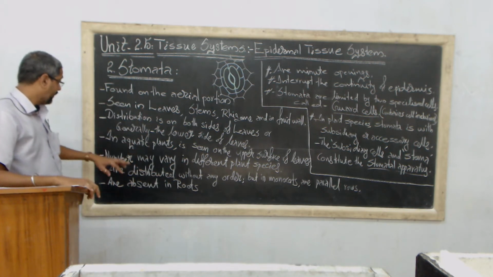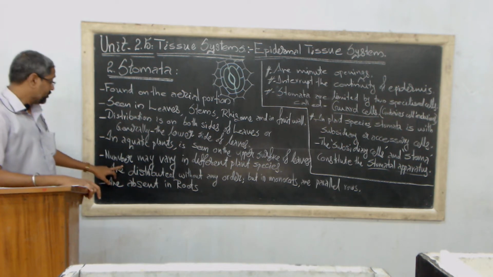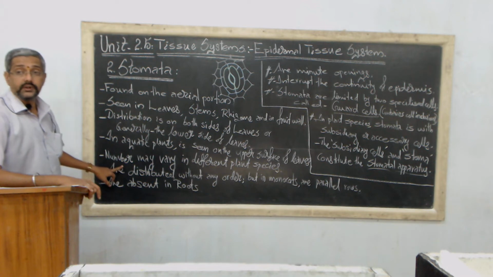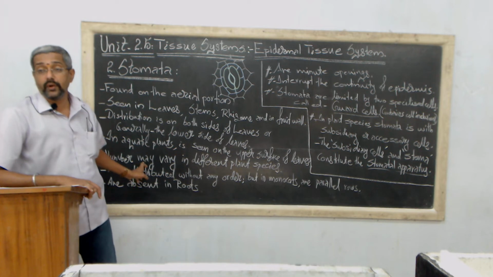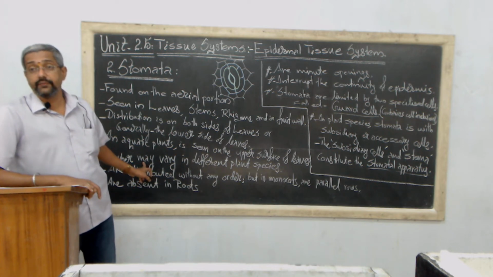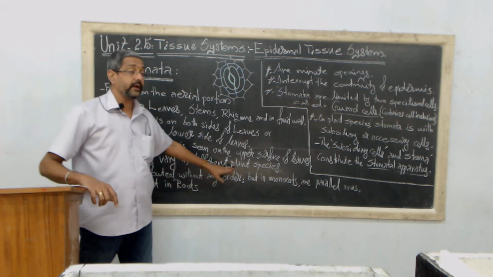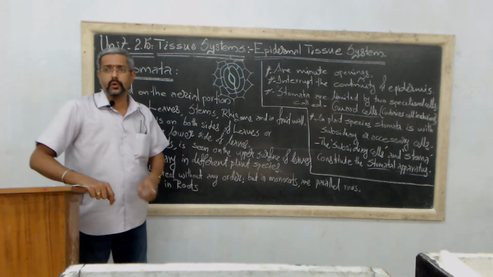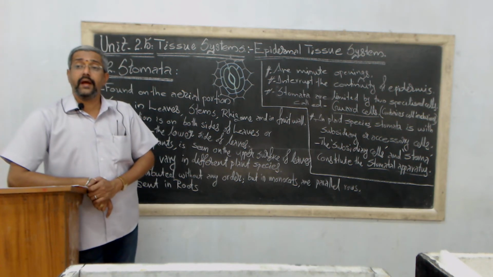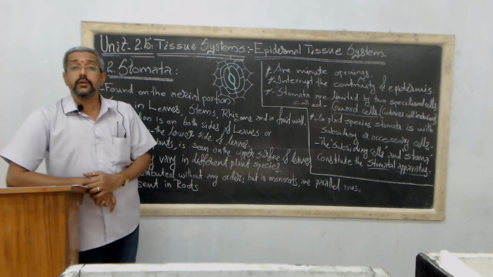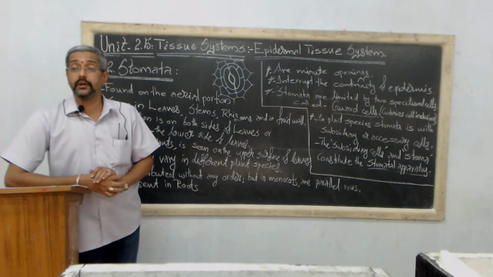Normally, in the stomatal distribution, is the number of any importance? Of course, the number of stomata is also one of the anatomical characteristic features. The number may vary in different plant species, and plant anatomists observe the nature of distribution and number of stomata present in the leaf.